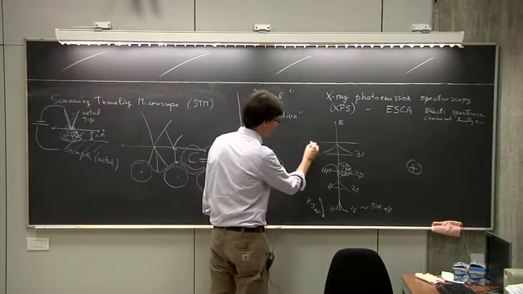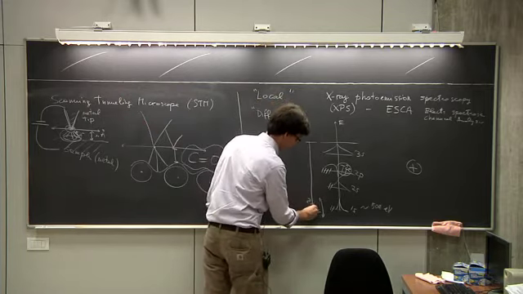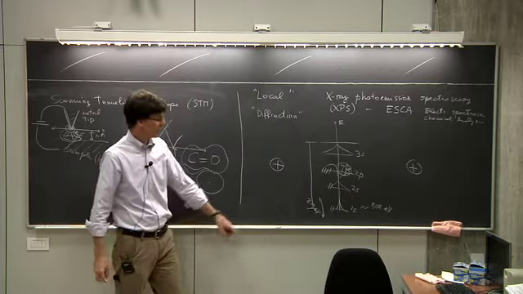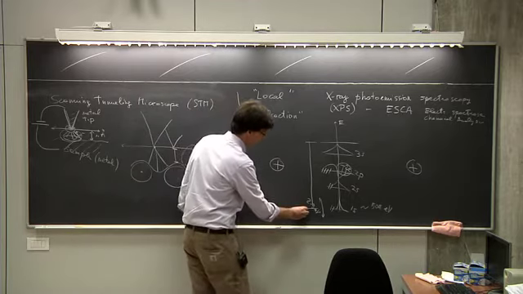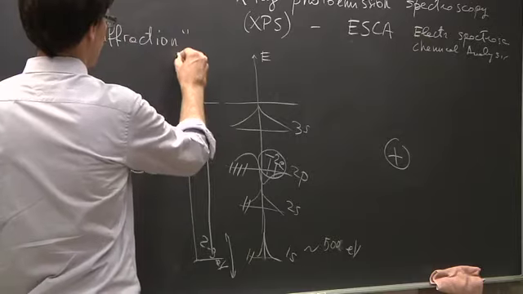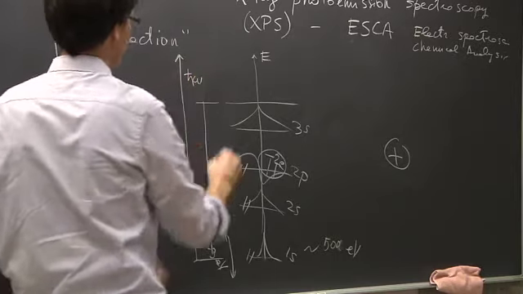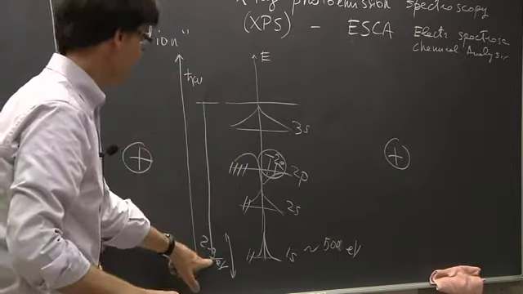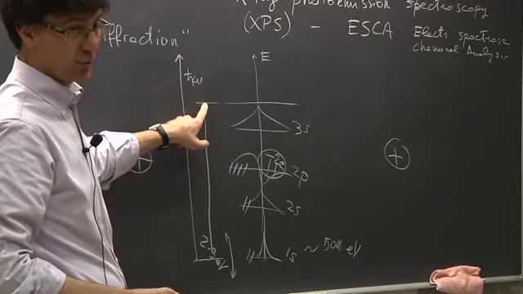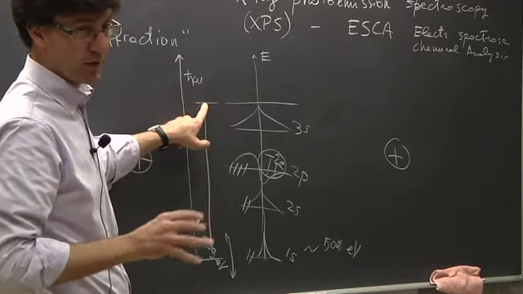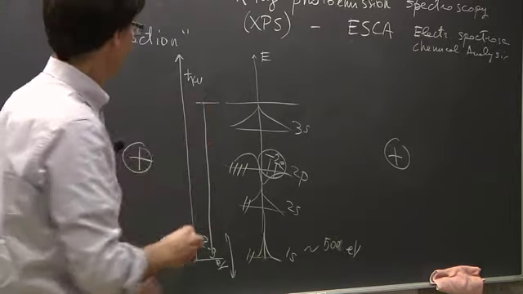And you can measure the binding energy, because you can take a photon with an energy possibly higher than the minimum one required to ionize the system.